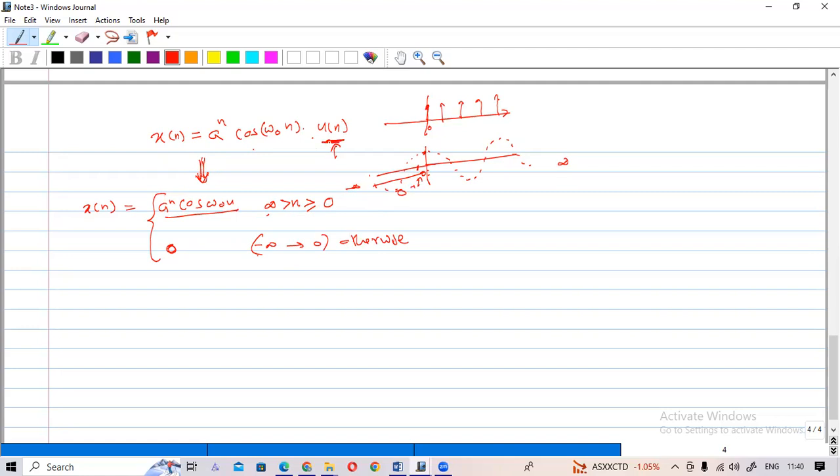So this u[n] just gives us the idea about the range of the signal. If it is multiplied by u[n], it is from 0 to infinity. If it is multiplied by u[-n], it will be 0 to minus infinity, and the 0 to infinity values will be 0. It only exists in the u[n] range. That is the idea.